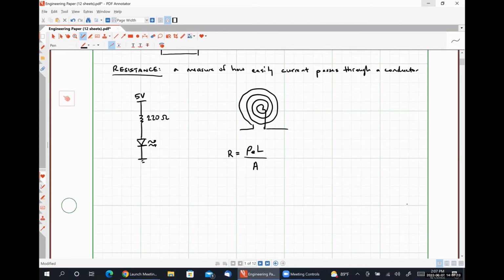Before we move along from this, I want to talk about a couple of different circuit terminology things that you may have heard of and how they relate to resistance. So the first thing that I want to talk about is what's called a short circuit.